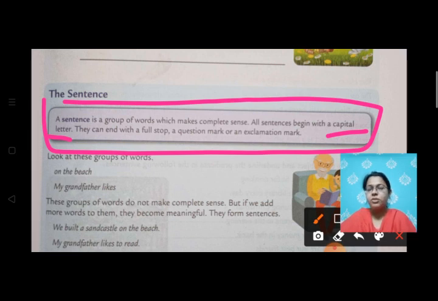Whenever you start a sentence, the first letter has to be a capital letter and it ends with punctuation marks.